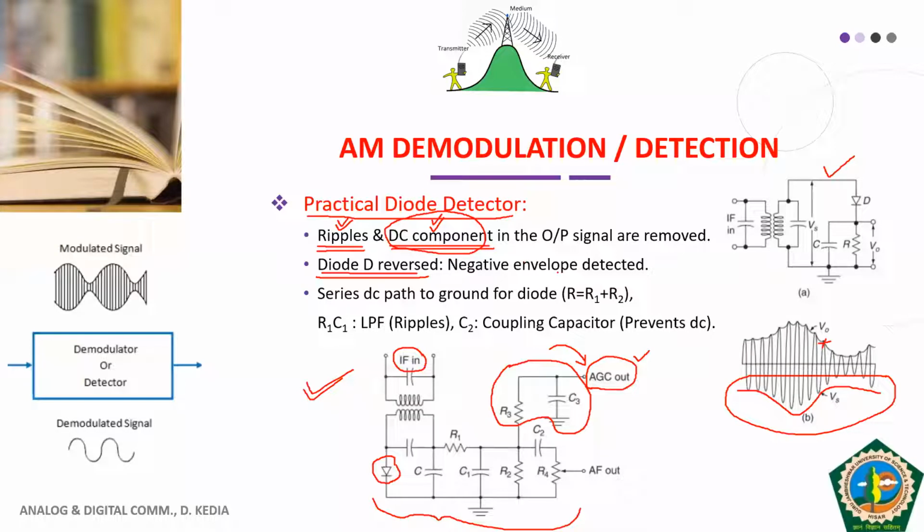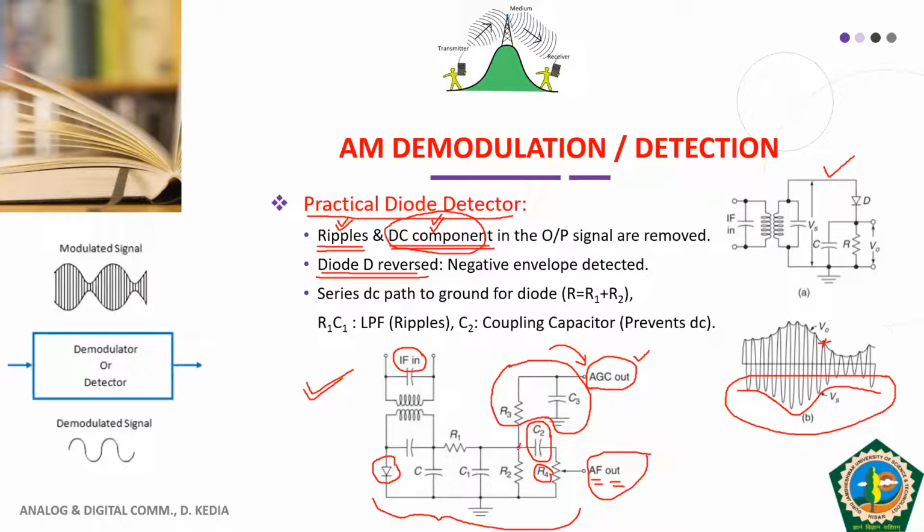Okay, so here, see, there is a capacitor, that is C2. This C2 capacitor has been put in series with the output. AF means your audio frequency output, your demodulated signal, is coming out across this R4, and this C2 is in series with R4. And we know that a capacitor blocks DC.